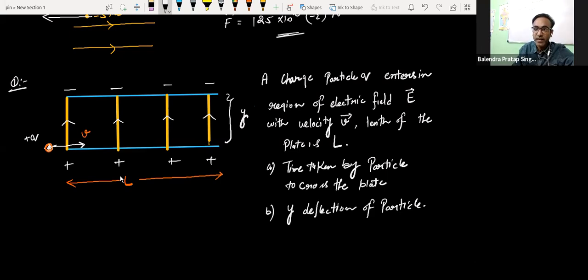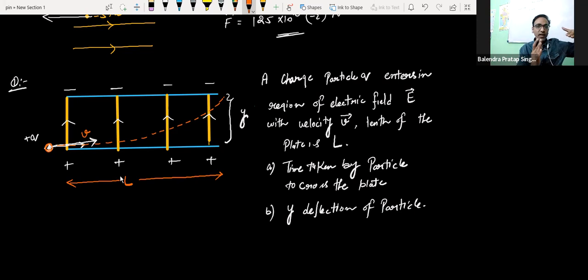It has some velocity in the x direction, and it experiences a force in the y direction. Then it will follow a trajectory, a curved path like this, because it's moving in the x direction and experiencing a force in the y direction.